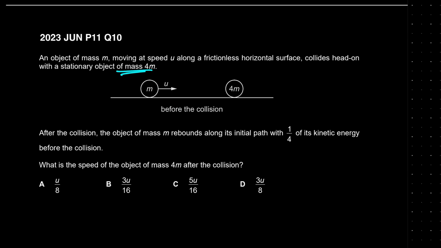Alright. So this object of mass m rebounds with 1/4 of its kinetic energy. So I know this idea that kinetic energy is proportional to the square of the velocity. So for this to be 1/4, what must have happened to this? Remember, we've done very similar questions when we were talking about the relationship between intensity and amplitude.